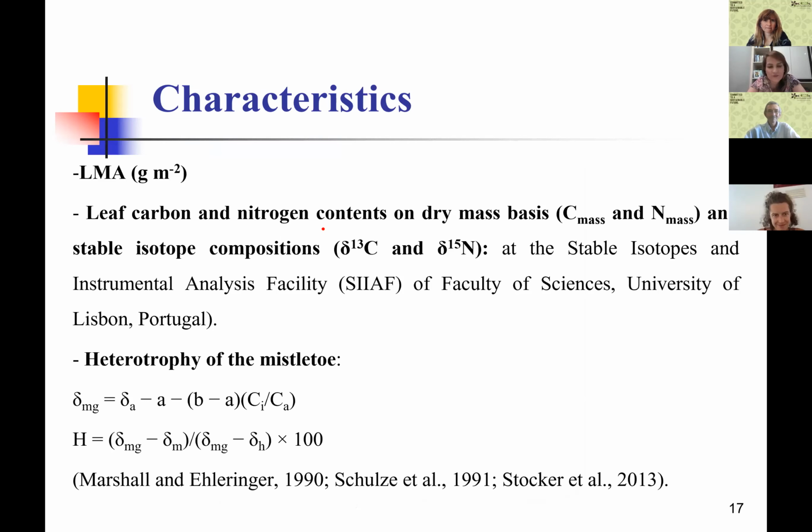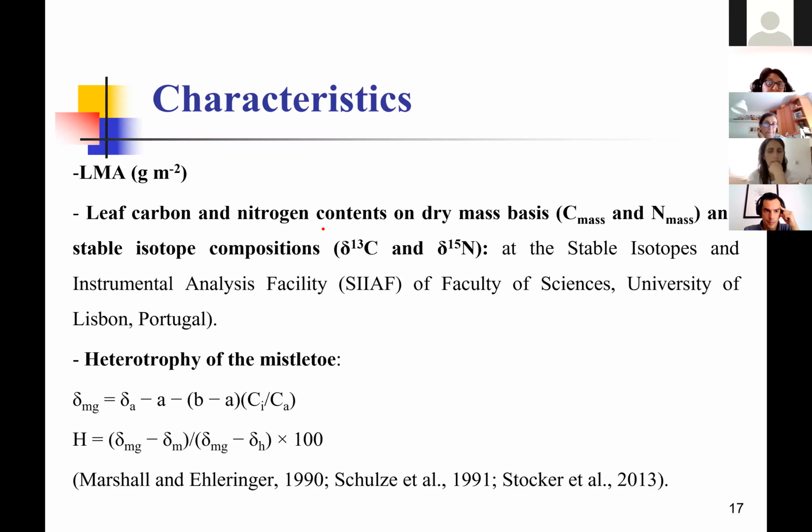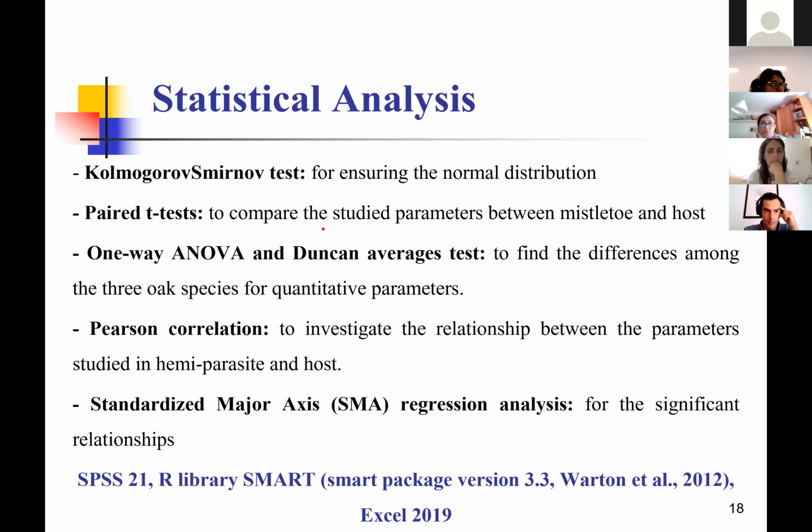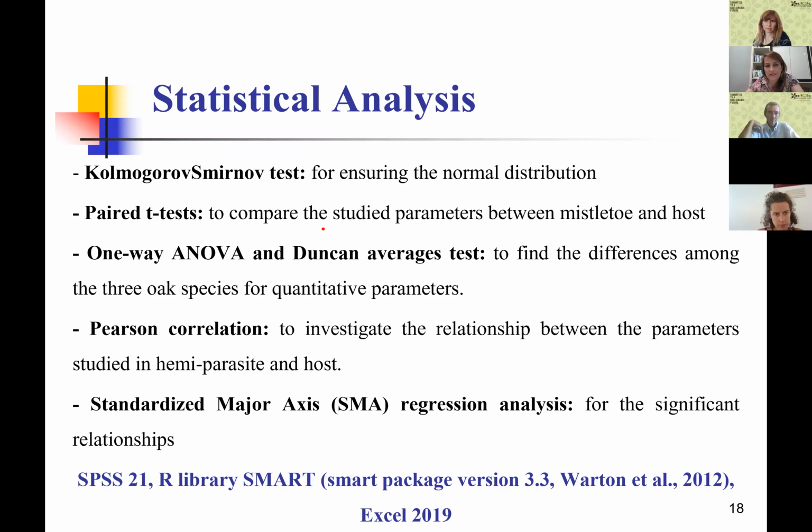The heterotrophy of the mistletoe was calculated from these equations. Some statistical analyses were done, for example, the Kolmogorov-Smirnov test for ensuring normal distribution, paired t-test to compare the studied parameters between mistletoe and host, and ANOVA and Duncan's test to find the differences among the species.